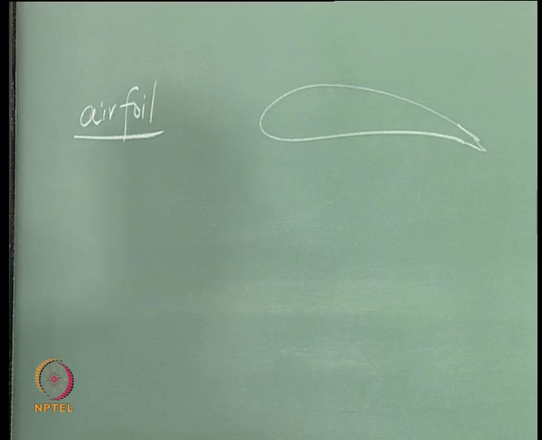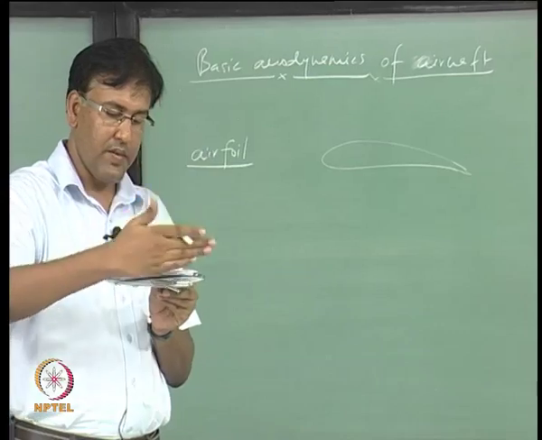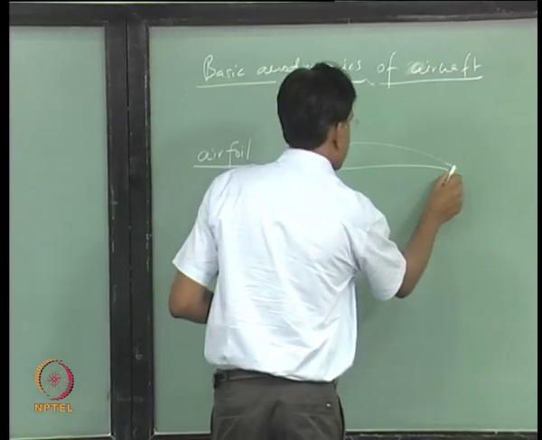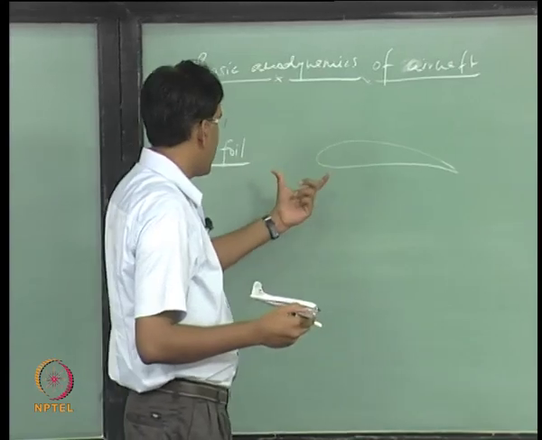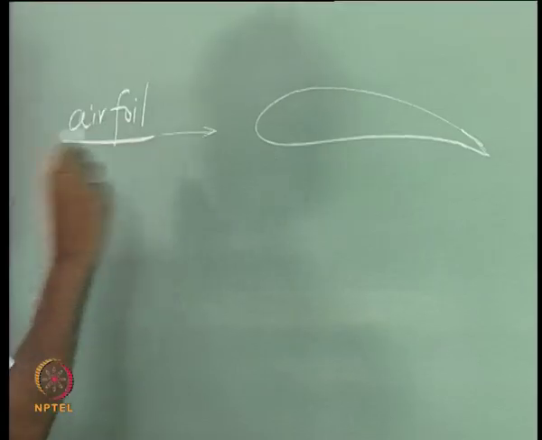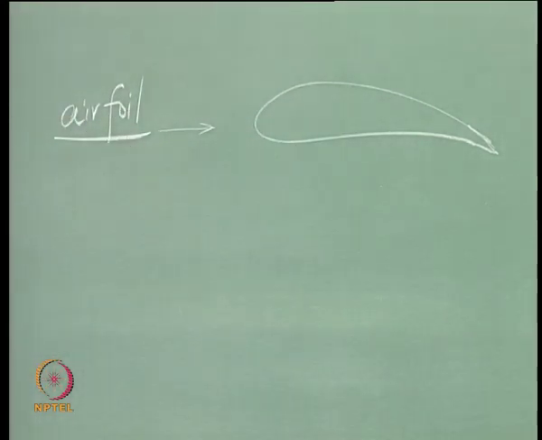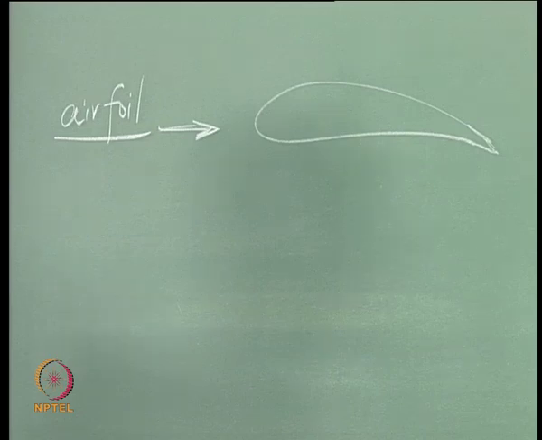So, any section along the y axis of the aircraft, parallel to the x-z plane, will give you this section, and this is what actually results in giving you lift in flight when air is flowing over this surface. So, let us try to understand some of the basic features of this airfoil, which will help us in defining some parameters later on.